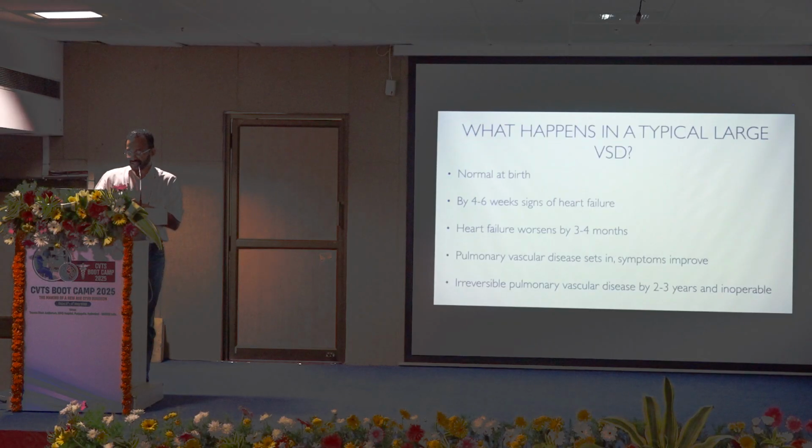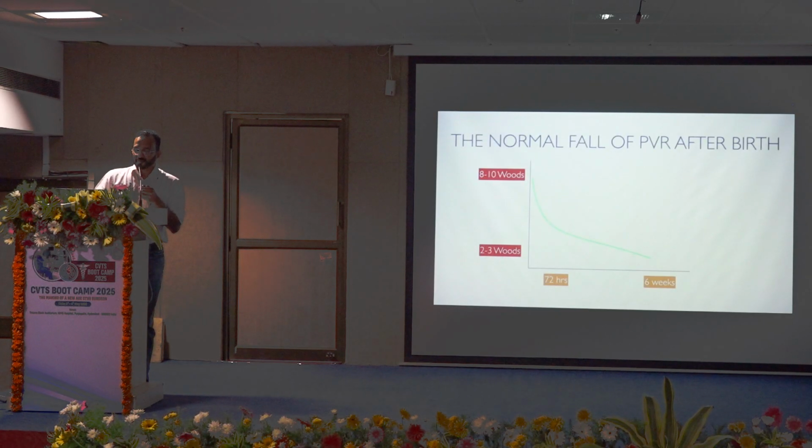So it's important to realize that after 6 months to 1 year, most babies with left to right shunts, even if they are improving clinically, are in fact getting worse. Why does this happen? If you look at the normal fall in pulmonary vascular resistance in a newborn, most have high pulmonary vascular resistance in utero because the lungs are not aerated.